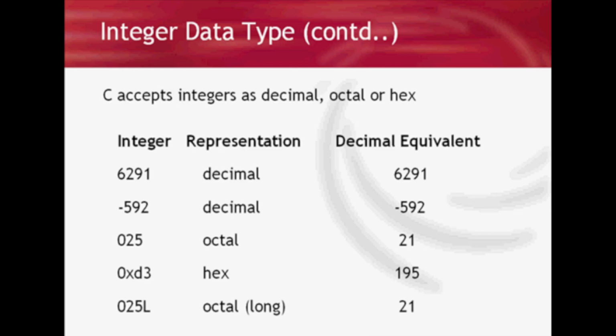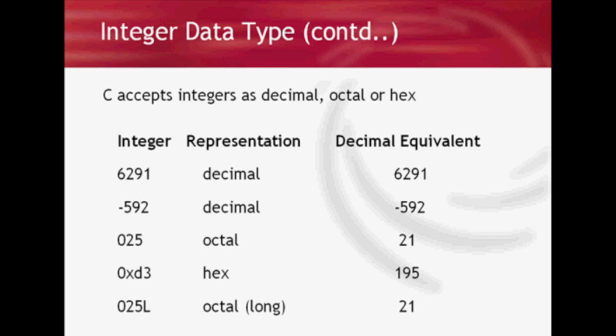As mentioned, C accepts integers as decimal, octal, or hexadecimal. There are a few qualifiers that can be applied to these basic types, that is short and long, which will vary the size of the variable, signed and unsigned, that varies the range.